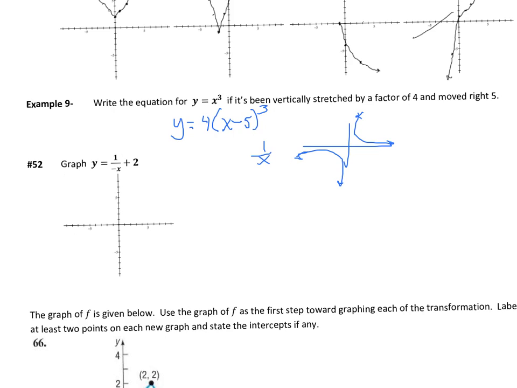Now I'm wondering. Okay, so to do this now, what we need to do, we need to amend that. We've got to flip it first, then we shift and stretch and shrink at that point. So to graph this one, the first thing we're going to do is flip it over the x-axis. So instead of looking like this, without that plus 2, y equals 1 over -x is going to look like this.